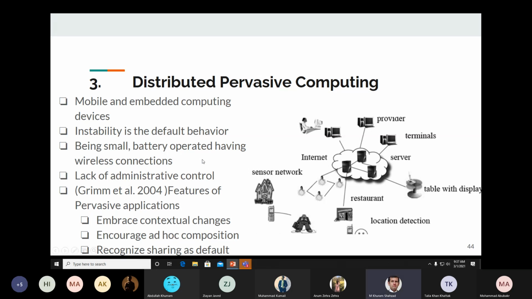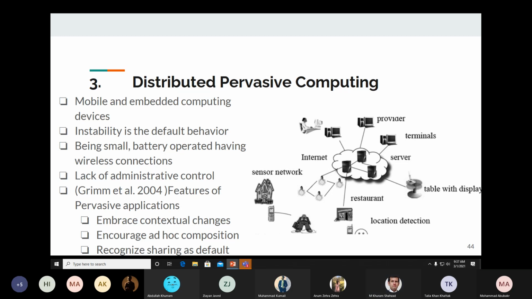Being small, battery operated, having wireless connections. These three things are unstable. A small battery can drain very fast, for example, in days. And these devices are small, which means they have to incorporate all the computing resources, including the battery, inside a small package.